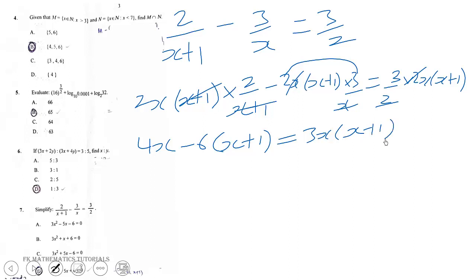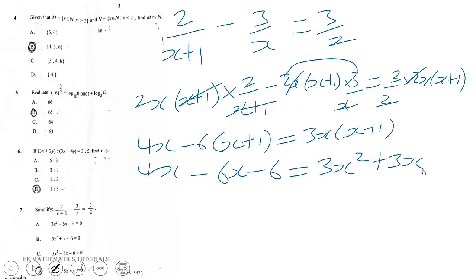So let's expand. We have 4x minus 6x minus 6 is equal to 3x squared plus 3x. So grouping like terms, 4x minus 6x is negative 2x. So we have negative 2x here minus 6 equal 3x squared plus 3x. So I'm sending all the terms to the right hand side.